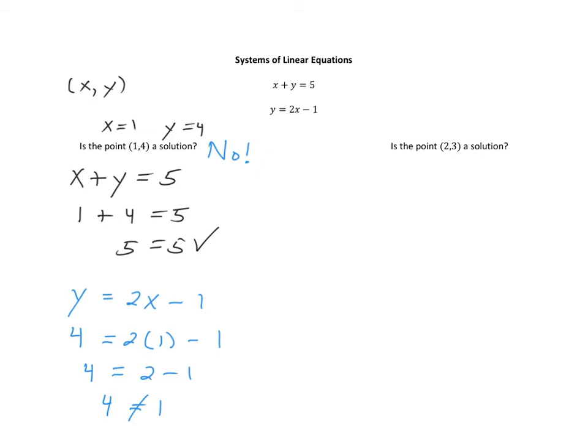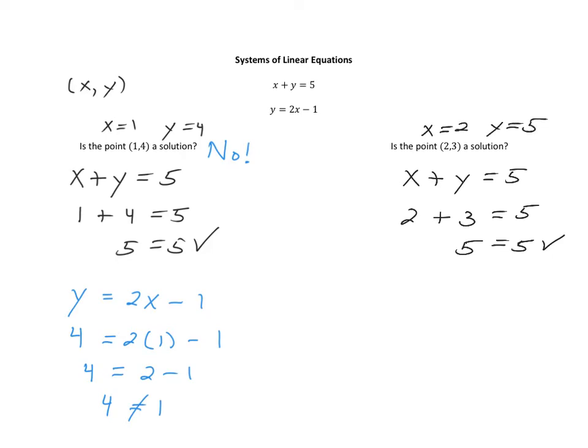Again, the way to solve this is by plugging it into both equations. So starting with x plus y is equal to 5, is 2 plus 3 equal to 5? And the answer is yeah, because 5 is equal to 5. So here, x is equal to 2, and y is equal to 3. If we try that in the second equation, y is equal to 2x minus 1, we'll put 3 in place of y.